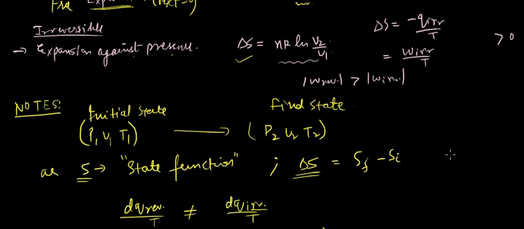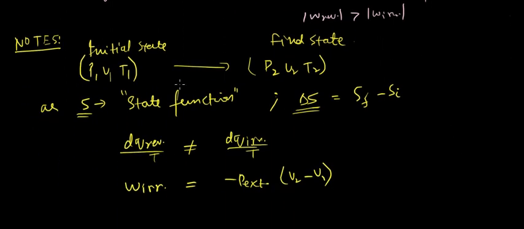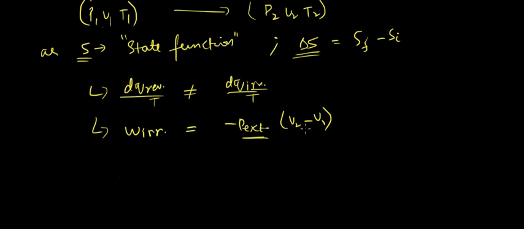so just writing some notes here, that initial state we are considering as P1 V1 T1, and final state we are considering as P2 V2 and T2. And as S is a state function, we can write delta S equals S final minus S initial. And similarly, some points here, that dq reversible by T is not equal to dq irreversible by T, and W irreversible is, as we just discussed a few seconds back, minus P external times V2 minus V1.